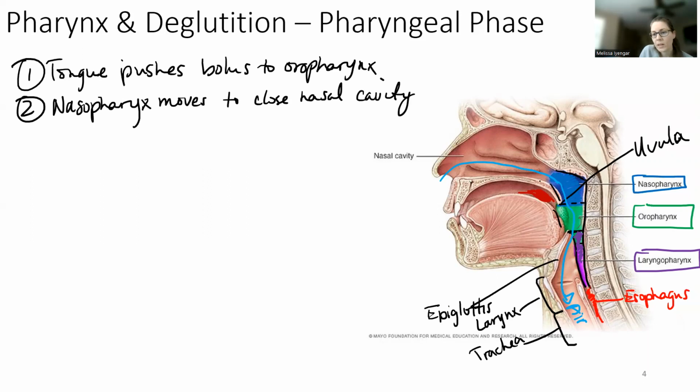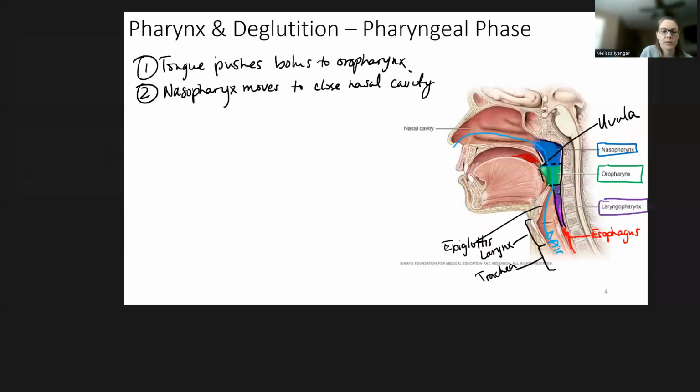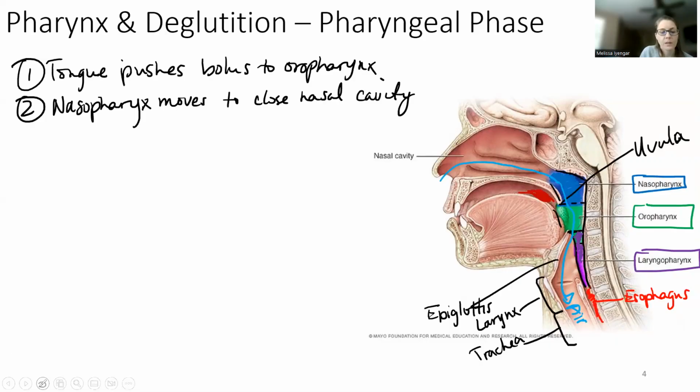Oh, wait, that makes no sense. I'm sorry, let me erase this. Not the nasopharynx, the soft palate. The soft palate's going to move, and when it moves, it's going to close off right here, so that the bolus is going to go into the oropharynx. Then we're going to have some pharyngeal constrictors.